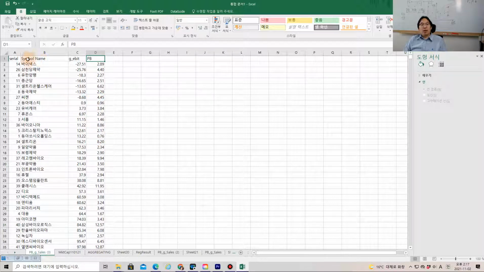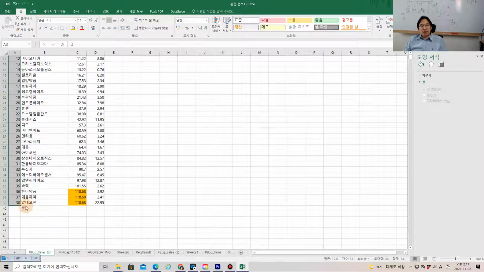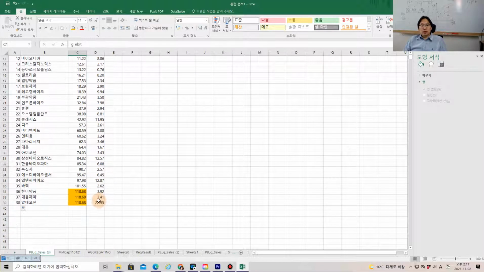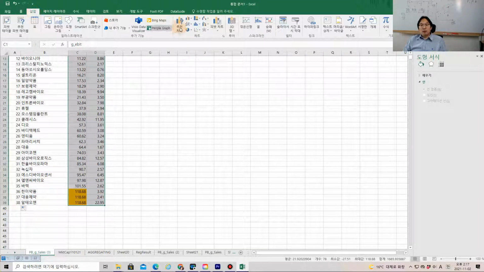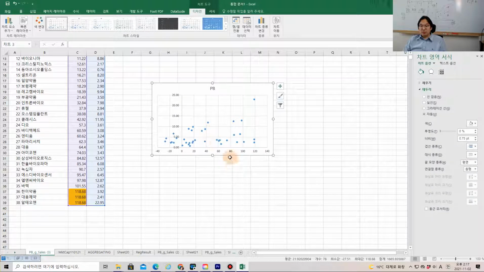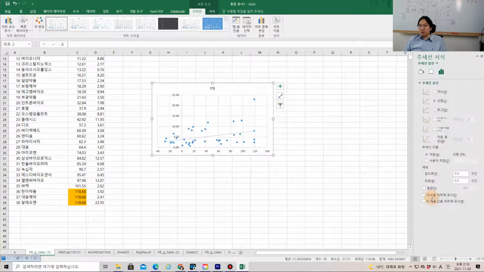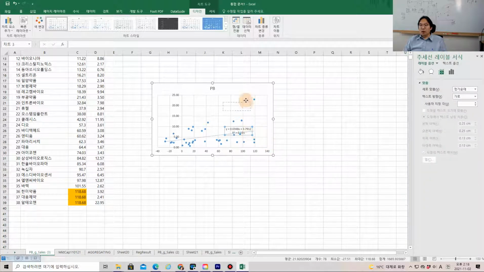Anyway, so this is it, and serial number I would reassign it. I would do it this way. 38 observations. Okay, fine. Let's insert. A picture is worth 1,000 words. So I do what? Insert a regression line. Okay, like this.